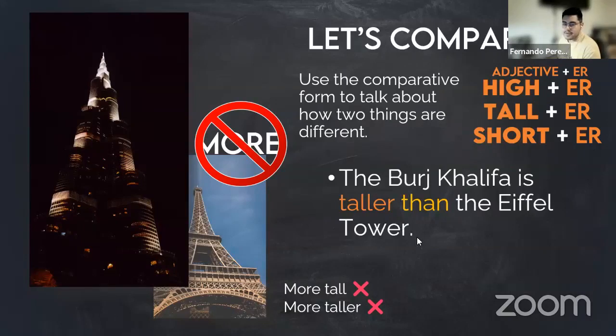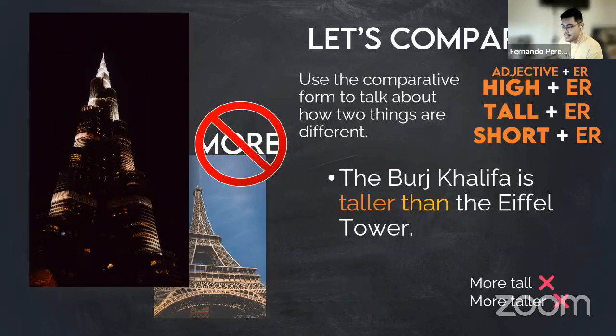Now, there is something super important. The final syllable, er, is similar to saying more. Let's say that this is a synonym. But it's incorrect to say more tall.